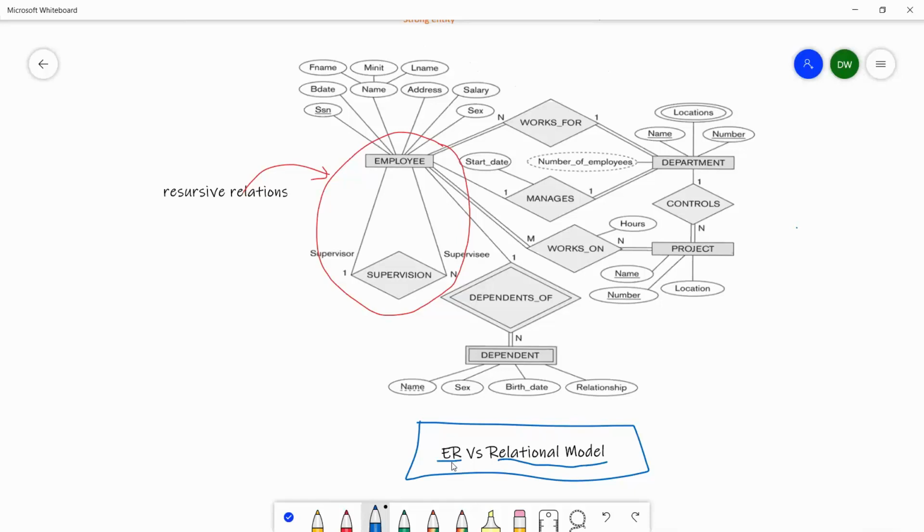ERD means entity relationship diagram, right? On the other hand, we have the relational model. Sometimes most of you mix up these two terms as if they are the same, right? So don't forget these are two different terms. ER and relational model are two different terms. ER means entity relationship and relational model is relational model, right?